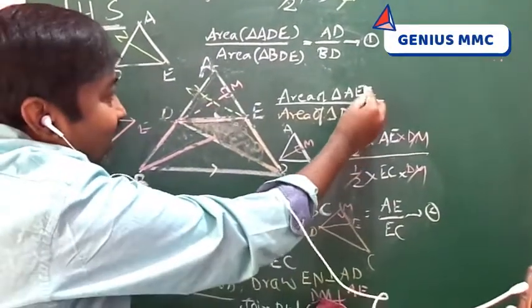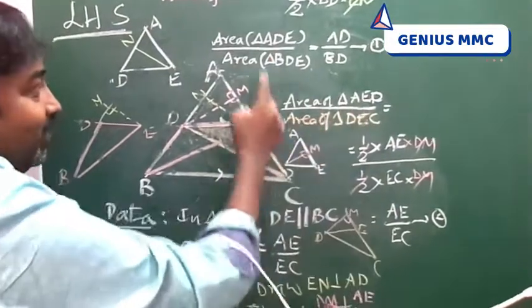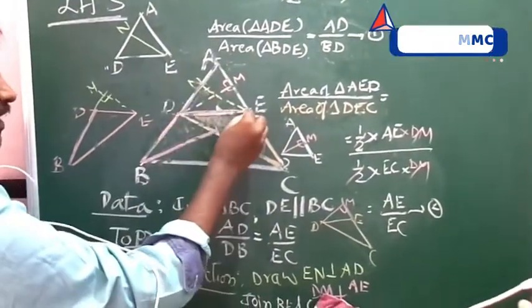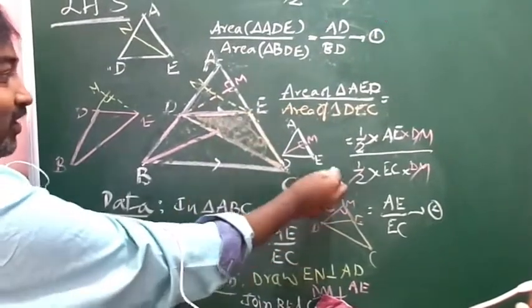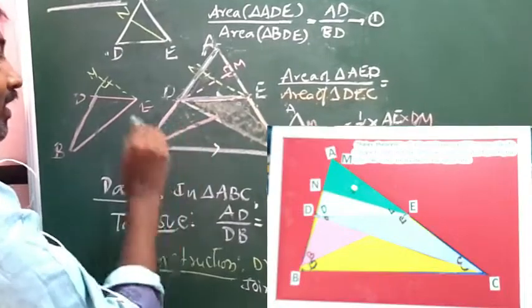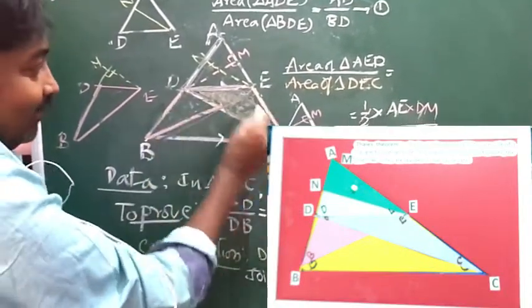Sorry, this is AED, not AEC. This is ADE, and in the second equation also the LHS is AED. But in the RHS, in the first the denominator is BDE. Here the denominator is what?